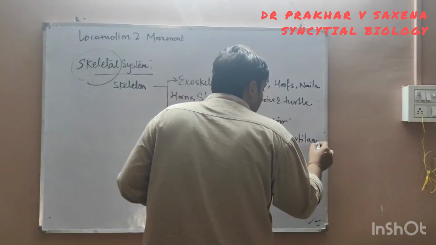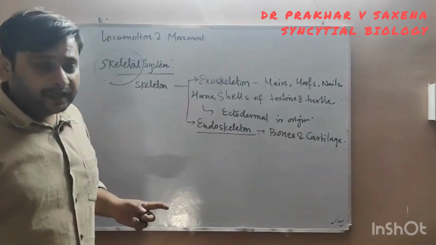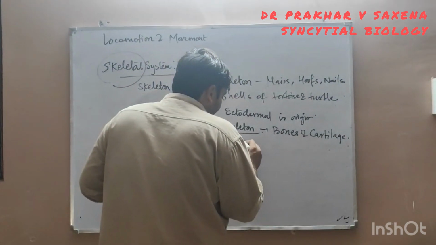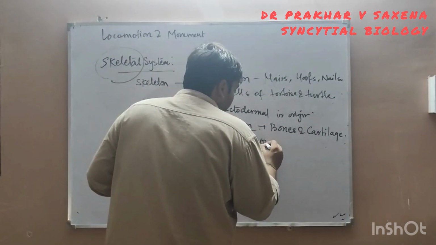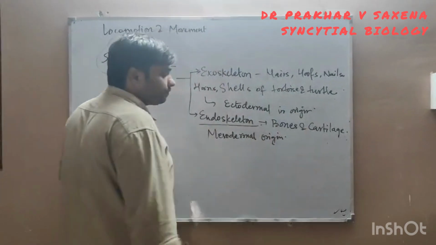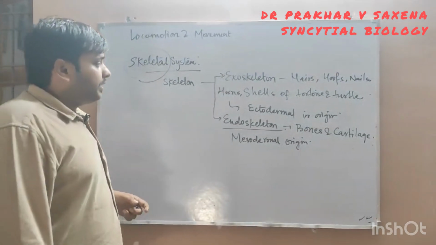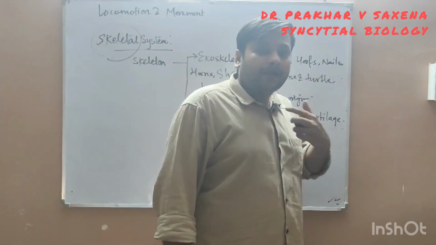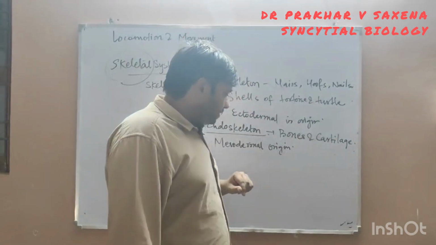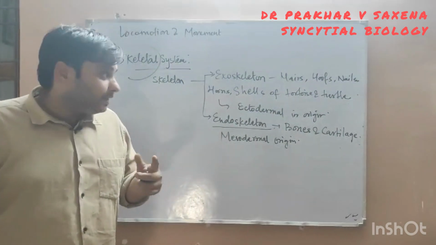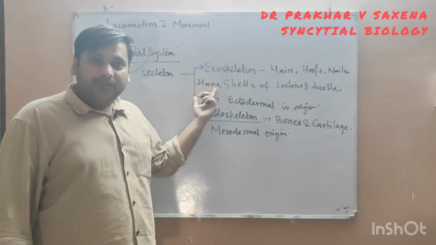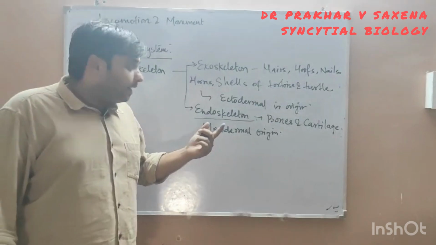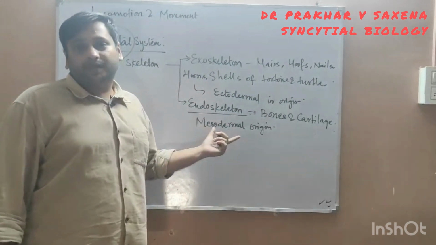Now the question arises, from where does the endoskeleton arise? It arises from the mesoderm, so it is of mesodermal origin, just like blood. All the glands, liver, thyroid itself, are endodermal in origin. Nervous tissue is ectodermal in origin, just like exoskeleton, whereas blood and your endoskeleton are mesodermal in origin.